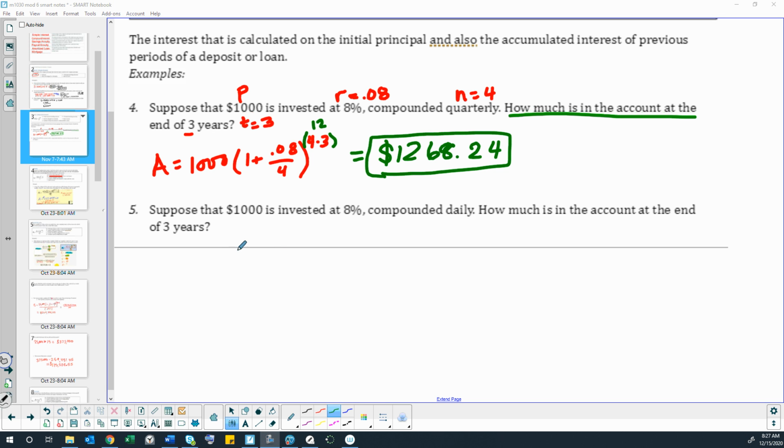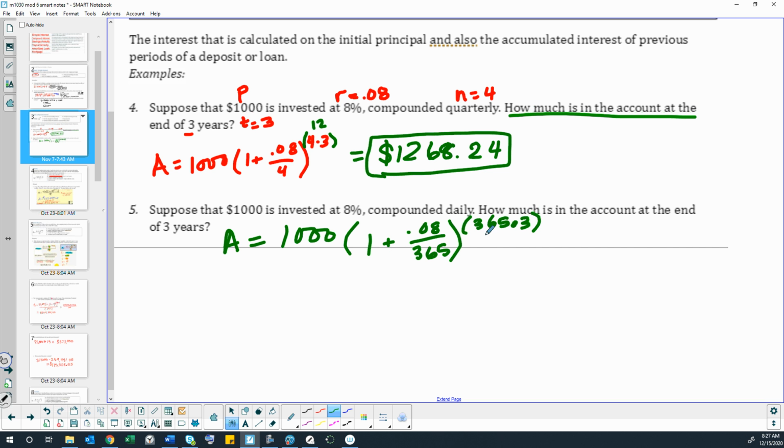All right, let's go through number 5. So the amount would be equal to $1,000 times 1 plus 0.08 divided by 365 to the 365 times 3 power.